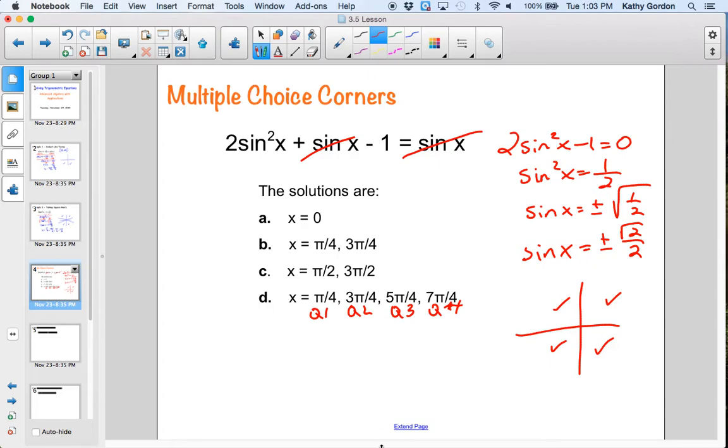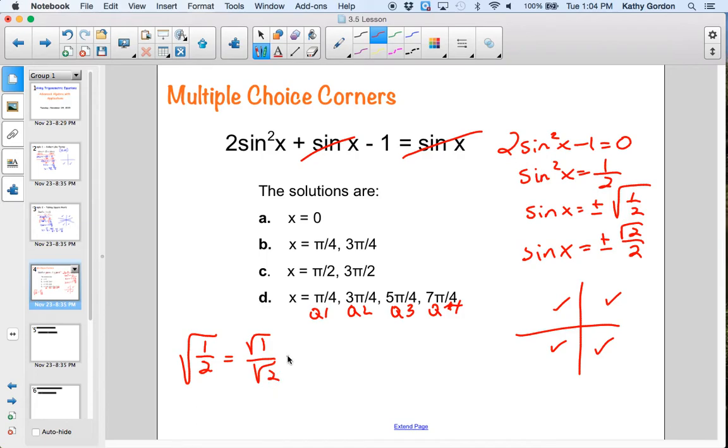I did sine x equals plus or minus square root of 1 over 2 get changed to plus or minus square root of 2 over 2. Because technically, when I take the square root of a fraction, that means the same thing as taking the square root of the numerator and the denominator separately. And I can't have square roots in the denominator.